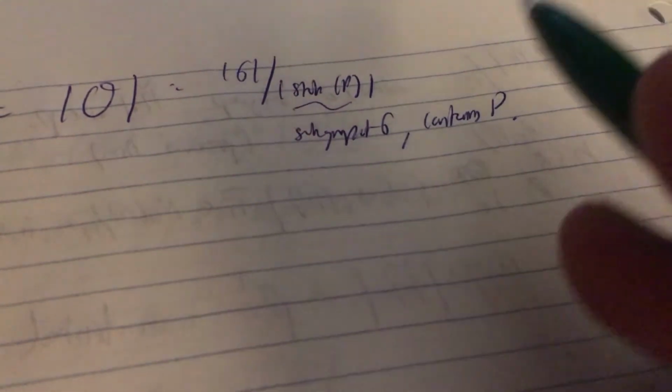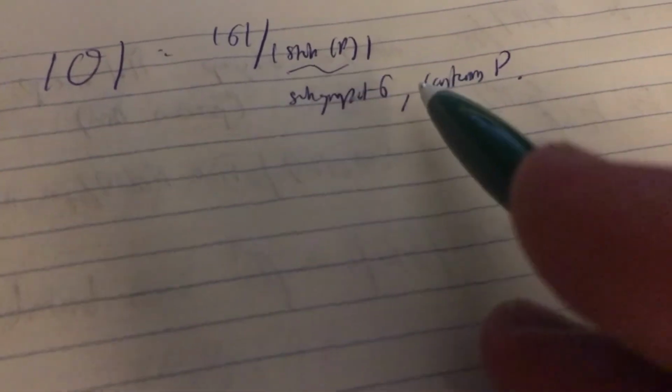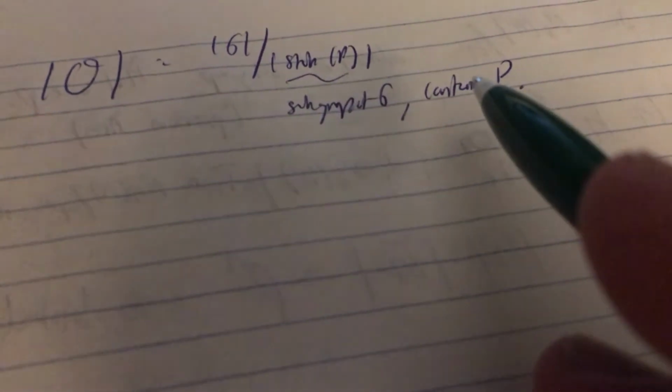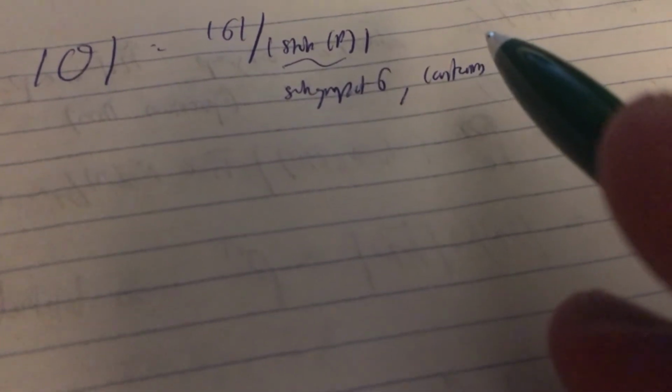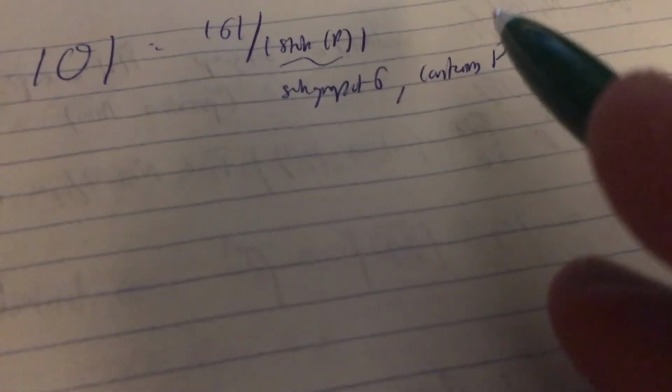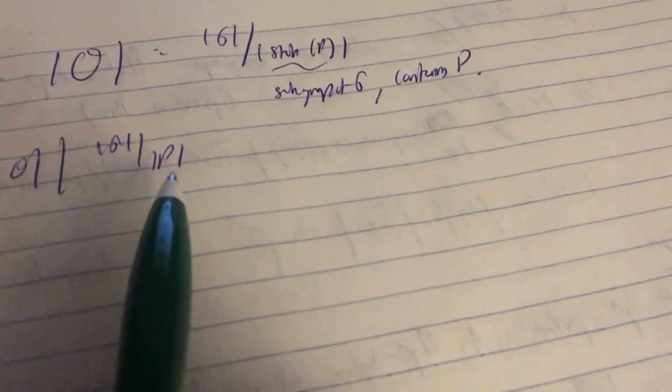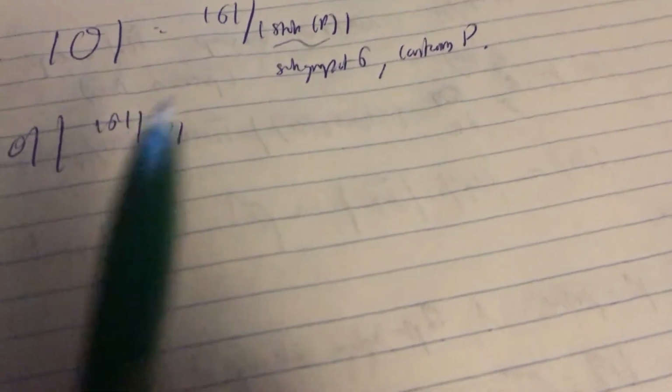So P has a stabilizer in G, which is some subgroup of G. I don't know what it is, but it's a big old group that contains P. So since this is G mod some subgroup containing P, its order divides the order of G mod P. And by definition, P was a Sylow subgroup, a p-group of highest possible power, so the order of G mod P is not divisible by p.